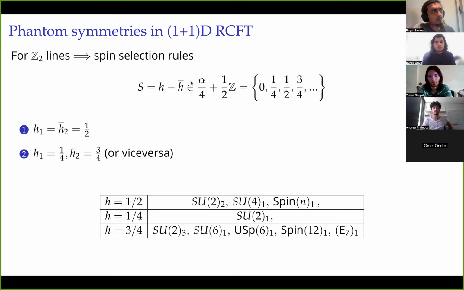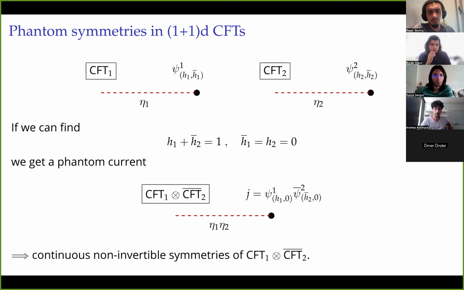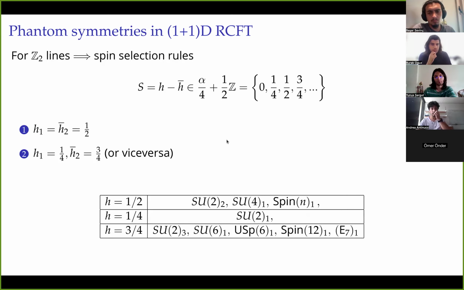So the possible spins that you can get are integer multiples of a quarter. Moreover, if you remember, we needed that at least one of the two weights must be 0, meaning that saying the spin must be an integer multiple of a quarter means that h and h bar must also be multiples of a quarter.